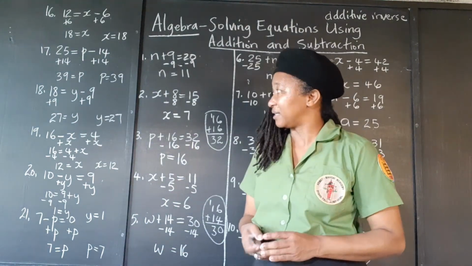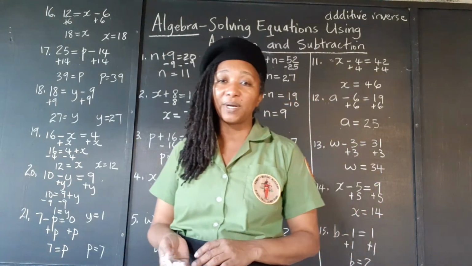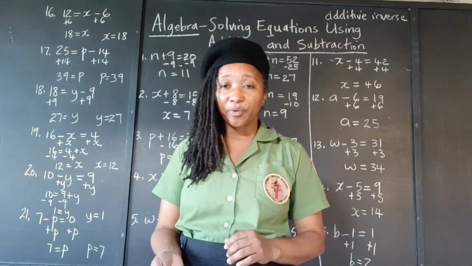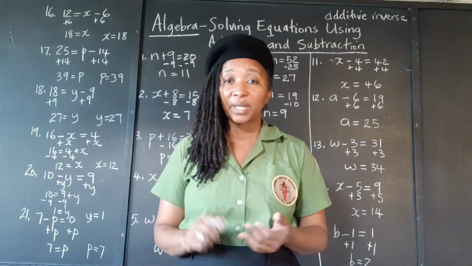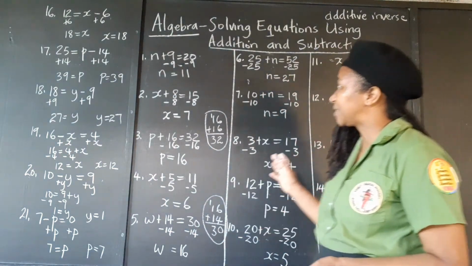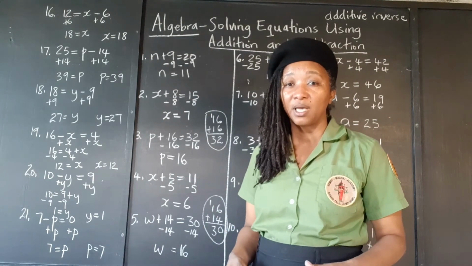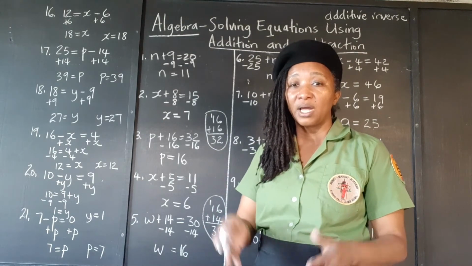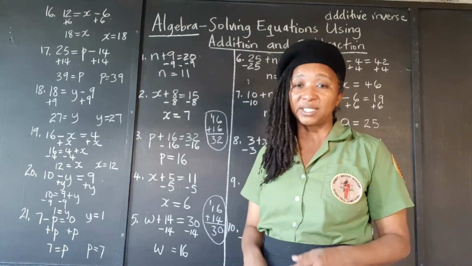So that's it for addition and subtraction. The next video we're going to look at solving algebraic equations using division and multiplication at the grade 4 level. So remember, once it's subtraction or addition, we use the additive inverse principle. If we have a positive number and we subtract the same number from it, we get 0.